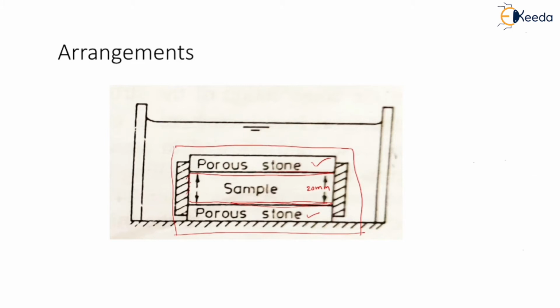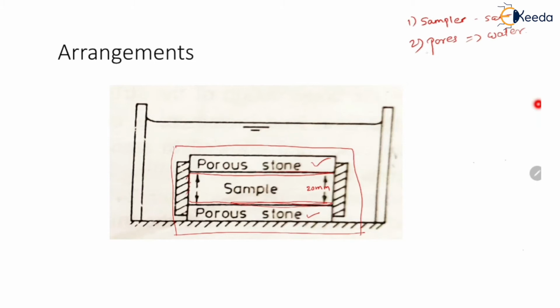Before starting the test, we have to take care of two things. The first is the sample should be saturated, and the second thing is all the pores present inside the porous stone should be filled with water.